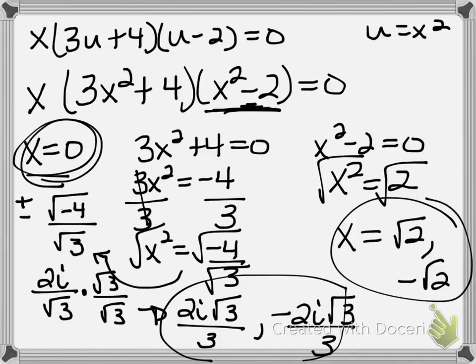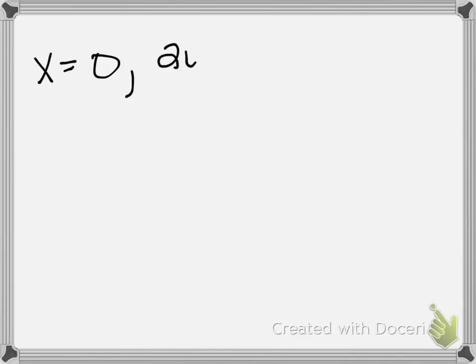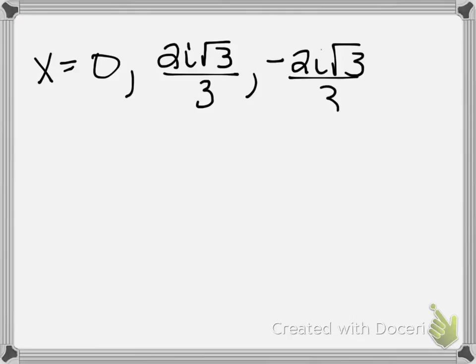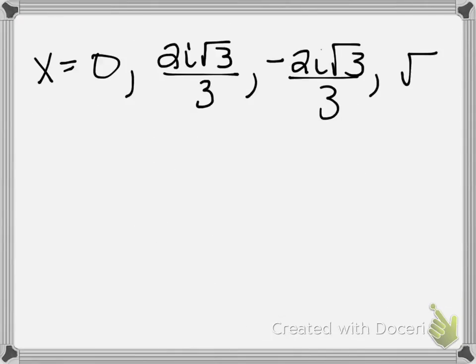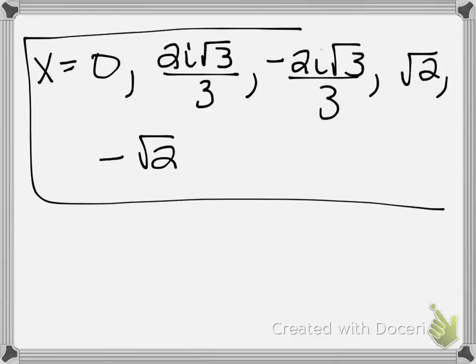And then I have 2i square root of 3 over 3, and the negative 2i square root of 3 over 3. And then I have this final one where I have the square root of 2 and the negative square root of 2. So those, all 5, are my answers.